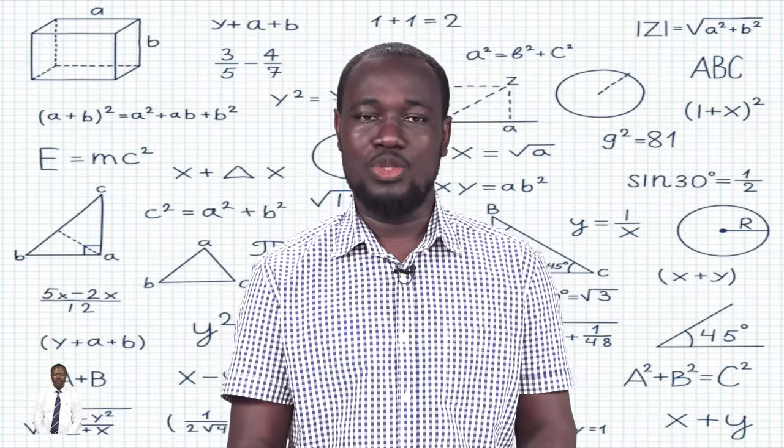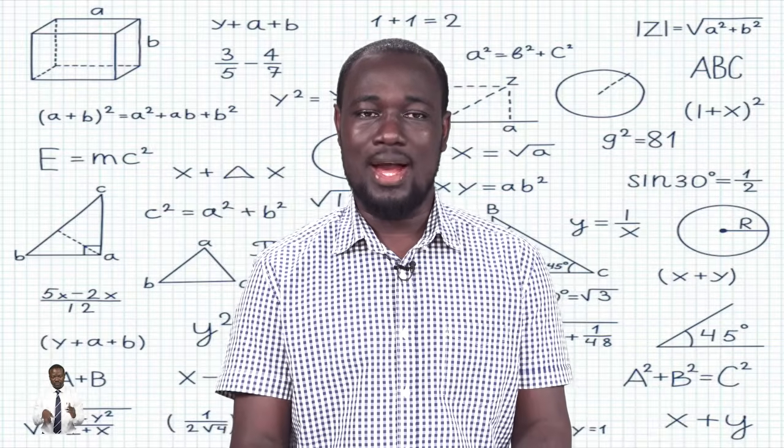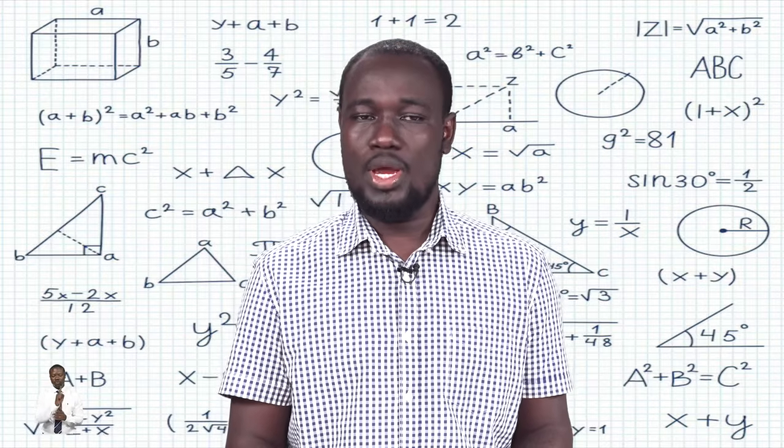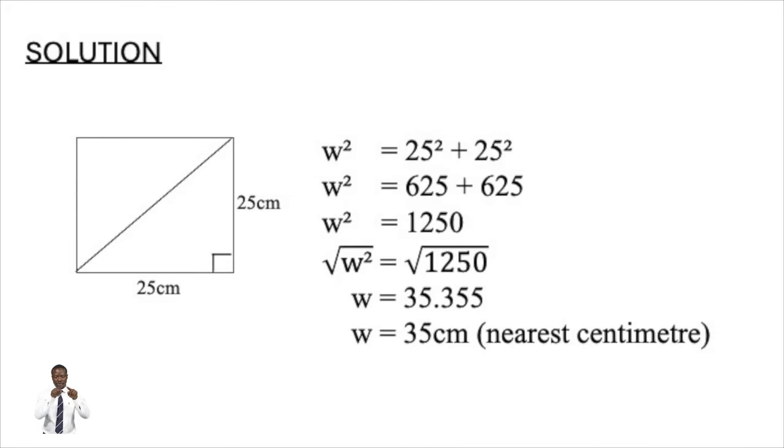I believe by now you are done. So let's see our ideal solution. One of the properties of a square is that all sides are equal. So we have 25 being the length and 25 also being the width. According to the question, we are to fold the square in such a manner that we can get 2 triangles.